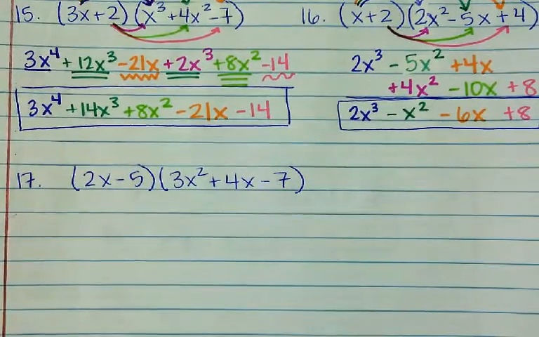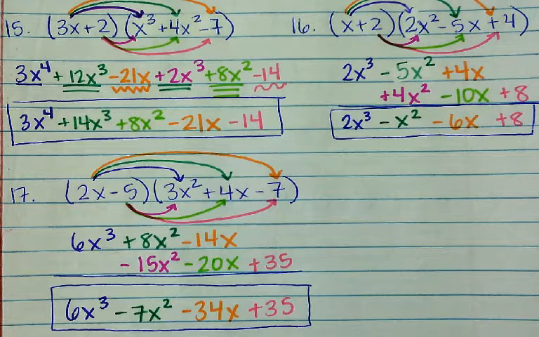All right, yes. So guys, this is our correct answer for number 17, and you see that when I did the stacked method, you also could have just gone straight across. 2x times 3x squared was 6x cubed. 2x times 4x was 8x squared. 2x times negative 7 gave us negative 14x.